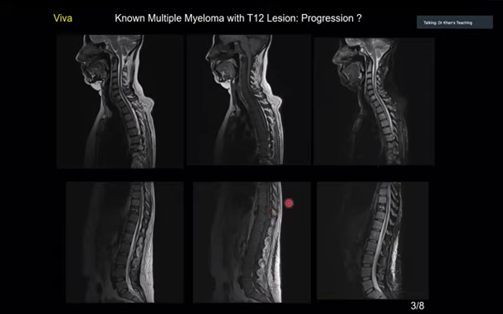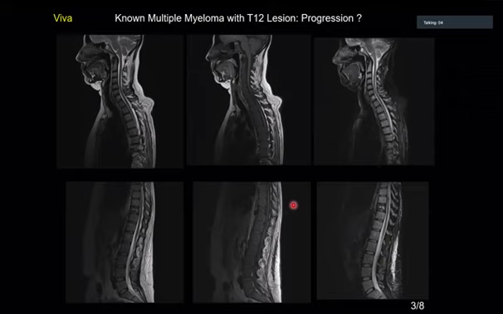Clinically, there is some progression of symptoms. They have done this MR, and if you are reporting it, what do you think? I'm not at all interested in this vertebra. Forget about it. Is there any progression or not? That's my question.